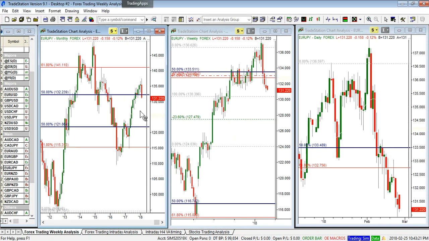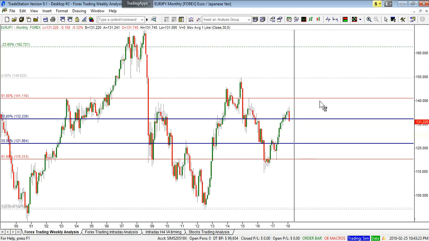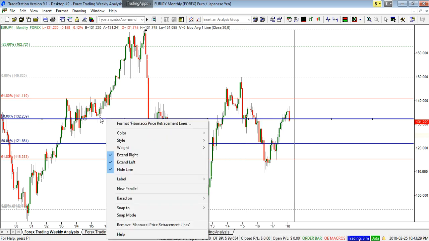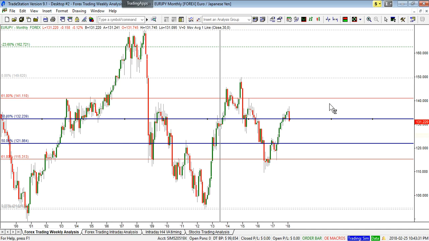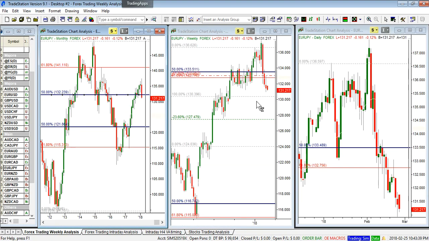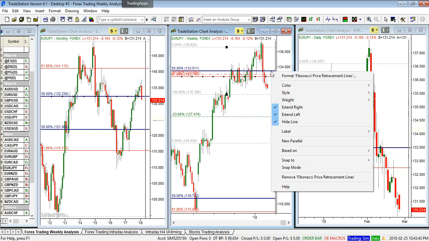The Euro Japanese yen is responding to an area here which was a previous trace from highs to lows. It's the full range here, but that was broken before, and so this response has been very, very strong though, and we are seeing a continuation of the move lower here.